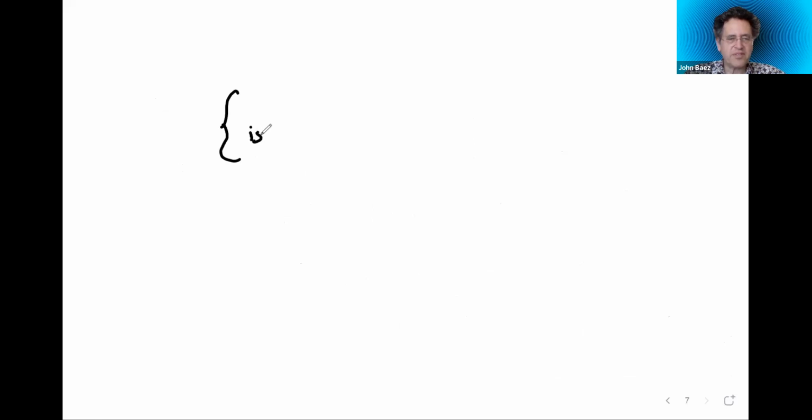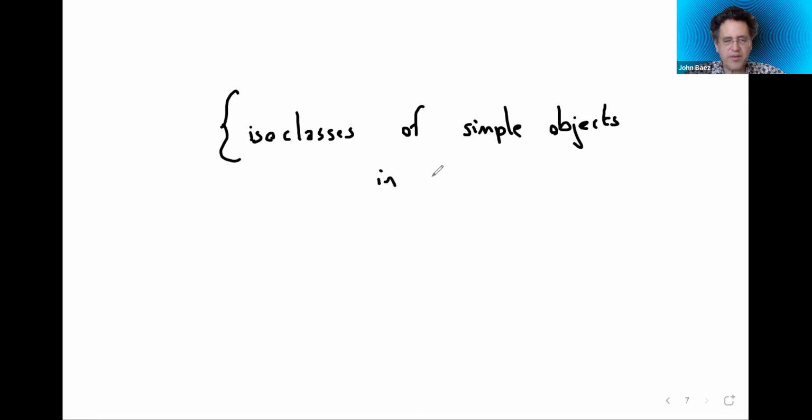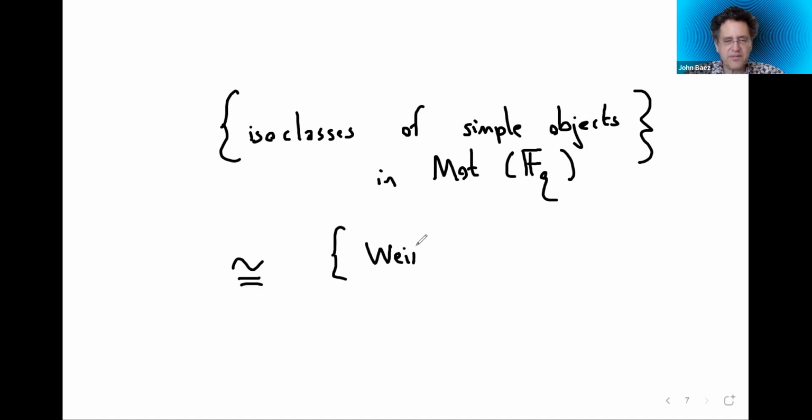So the set of isomorphism classes of simple objects in this category of motives that we're studying is isomorphic to, it's interesting, it's the set of Weil q numbers, but modulo the Galois group action.